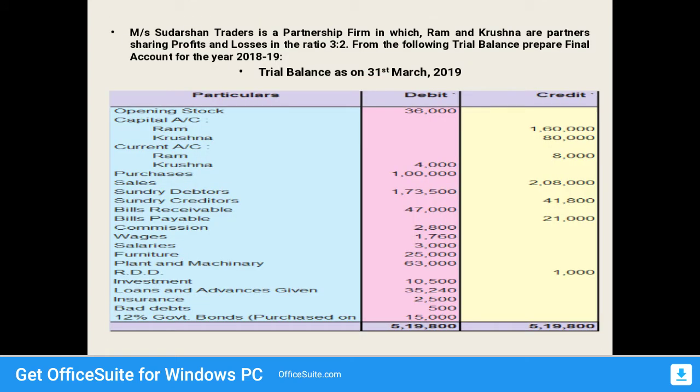So this is the format of the trial balance.